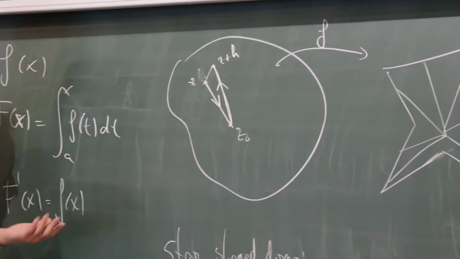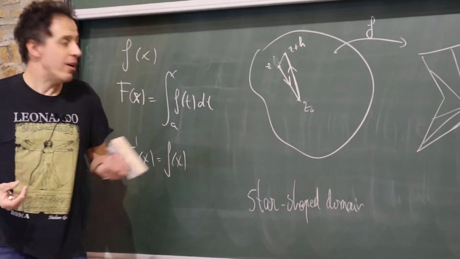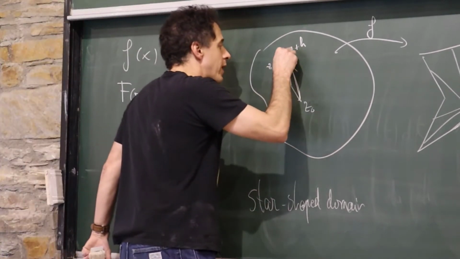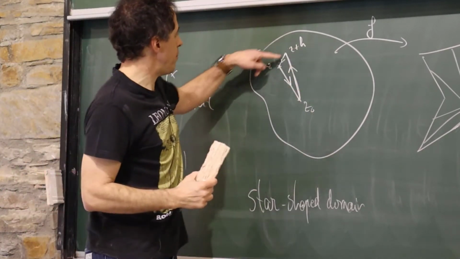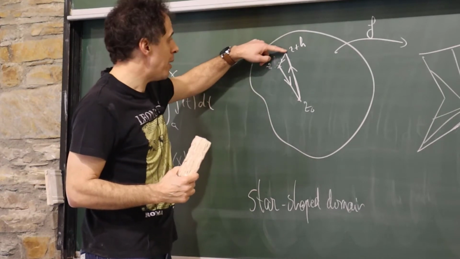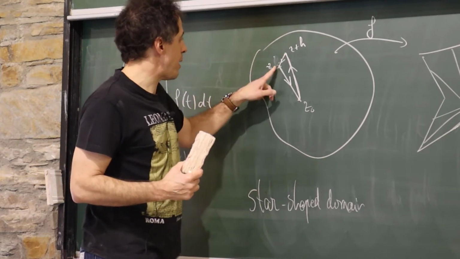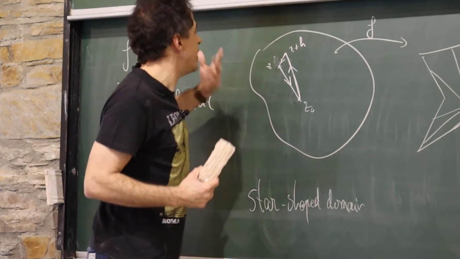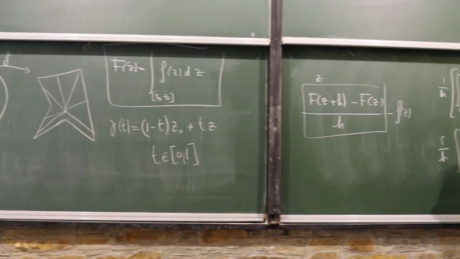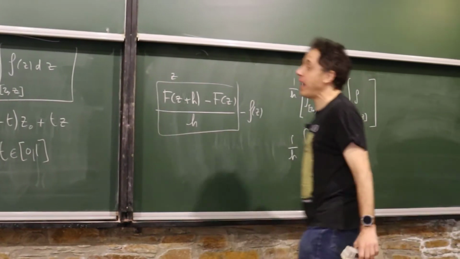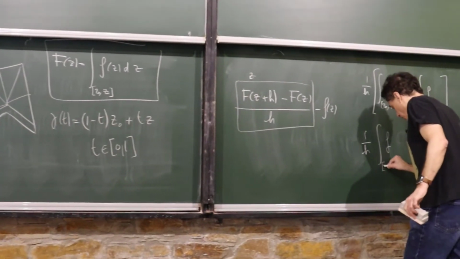If you want to imitate the usual rules of the real integral, you could consider this small segment here, and say that this integral plus this integral plus this integral must be 0. So the integral here plus this integral here must be something like the integral of f from z to z plus h.